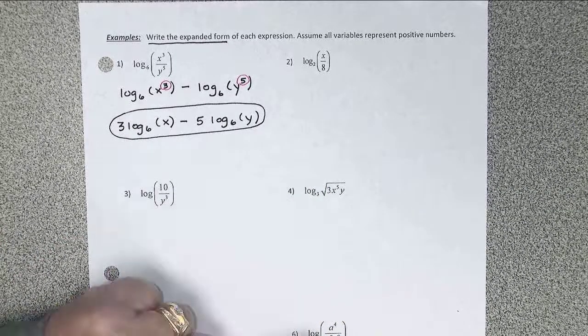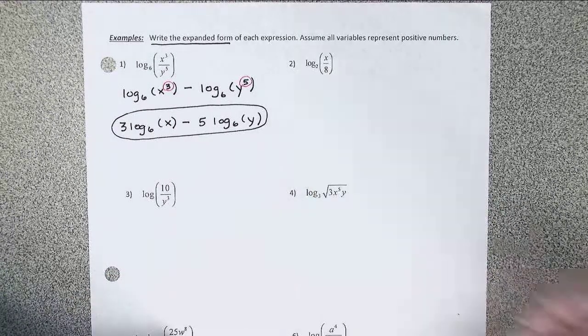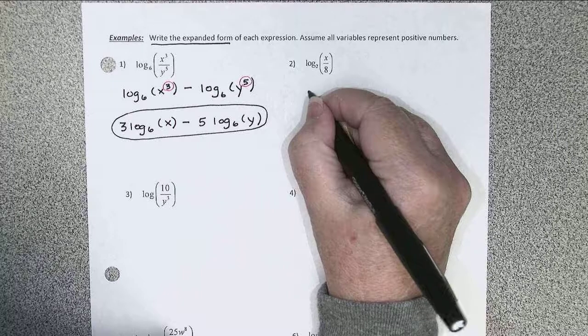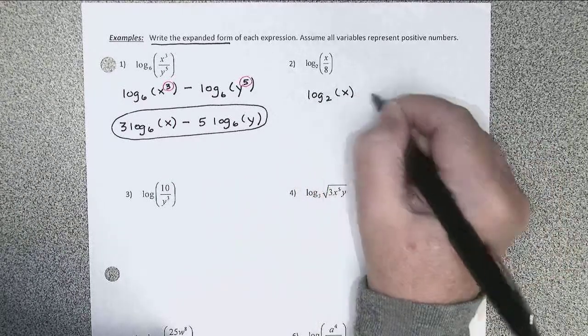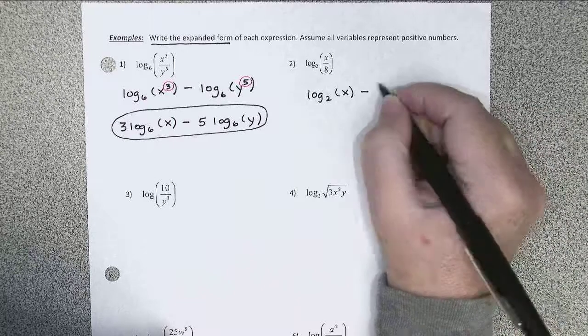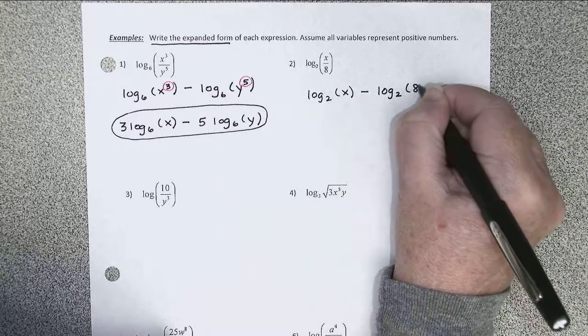Okay. We'll do a couple more. The log base 2 of this quotient. That would be the log base 2 of x, subtract, by the quotient property, the log base 2 of 8.